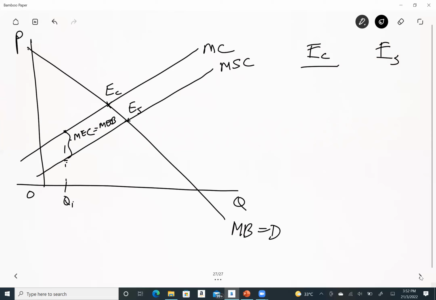Under positive consumption externality, what can you say about the social equilibrium quantity and the social equilibrium price? What can you say?